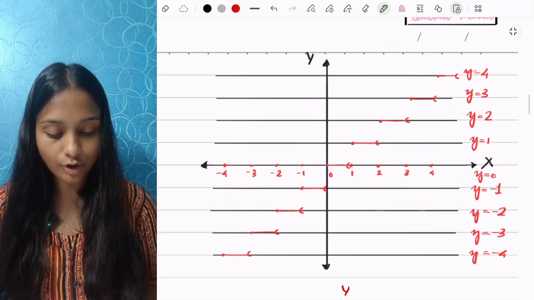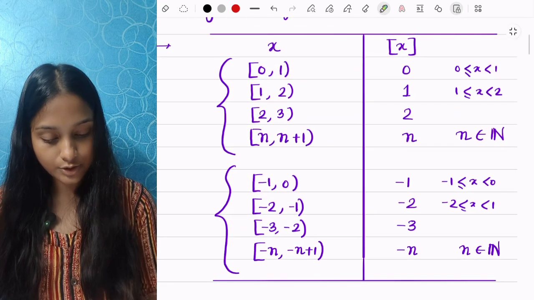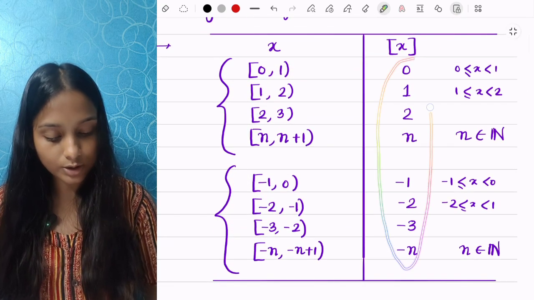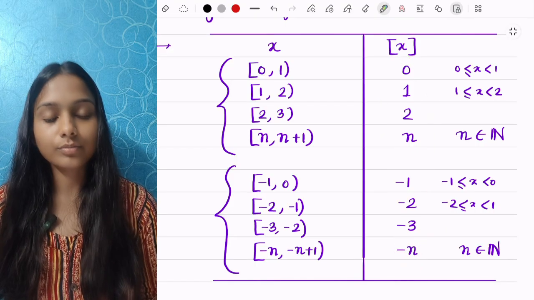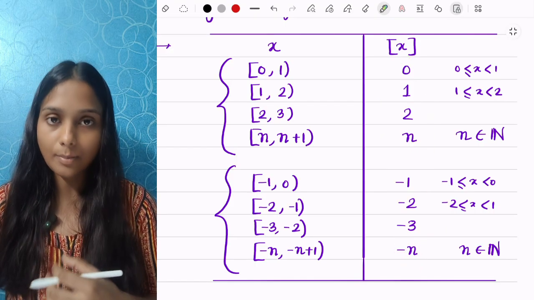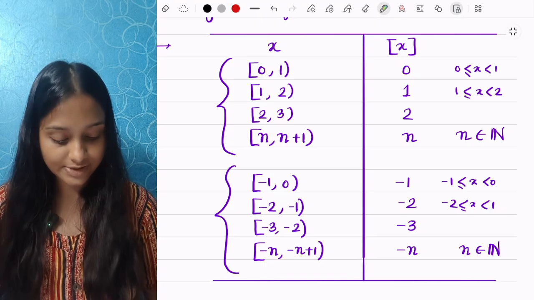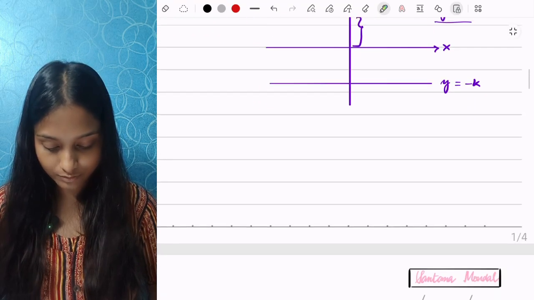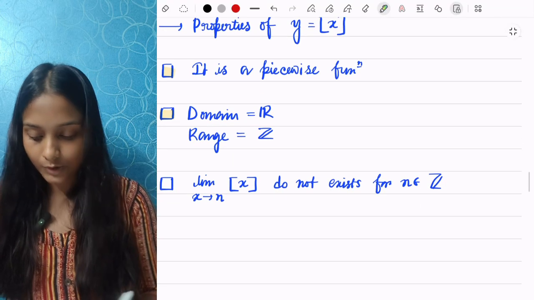Also we can see it from this table. So here we are getting all the integer values starting from very small integers on the minus side to very large integers on the positive side. Okay.